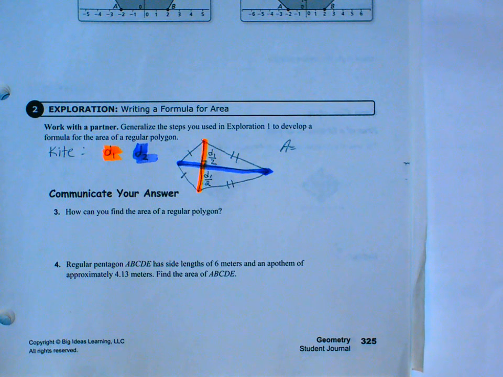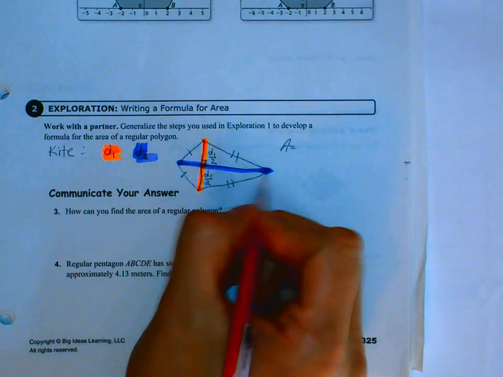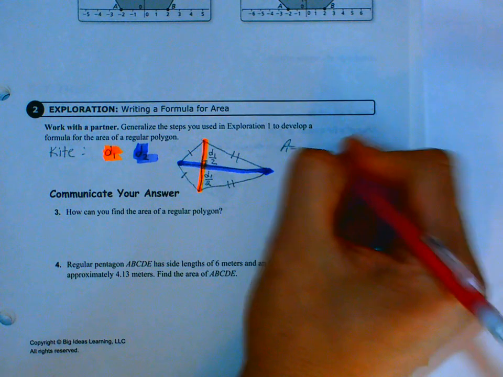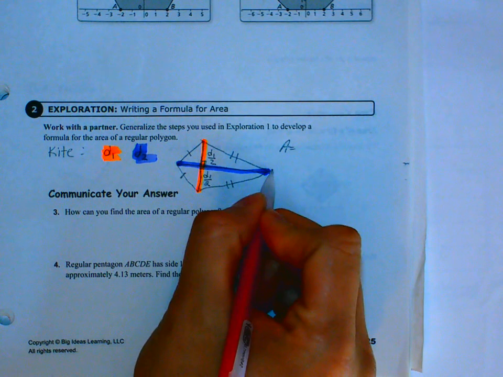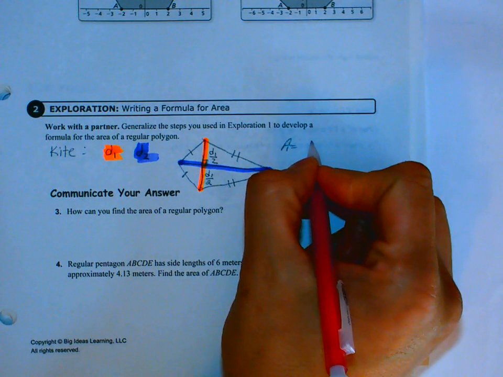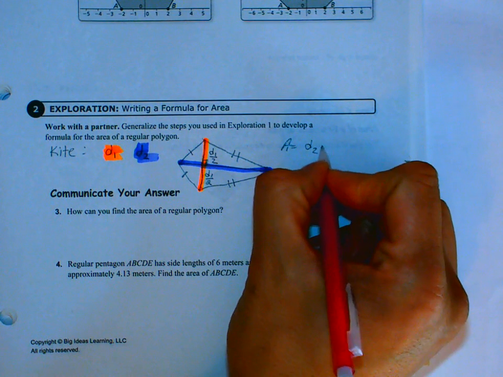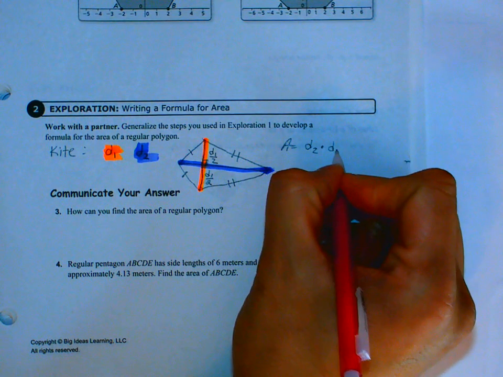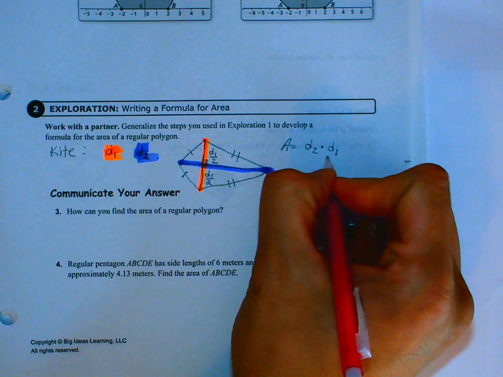It's half of it. All of this is diagonal 2. So the area of a triangle is the base times the height. The base happens to be diagonal 2, and the height happens to be diagonal 1 over 2.